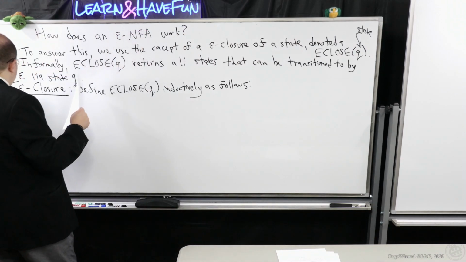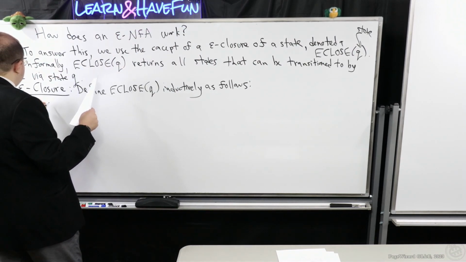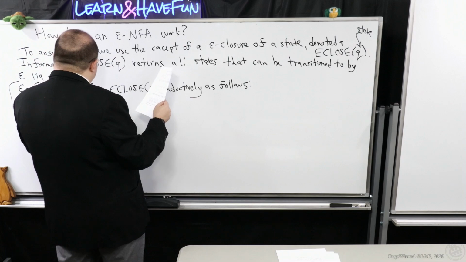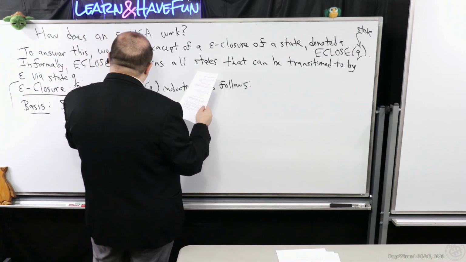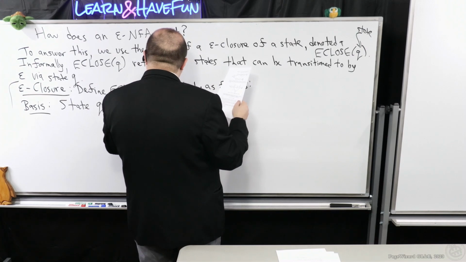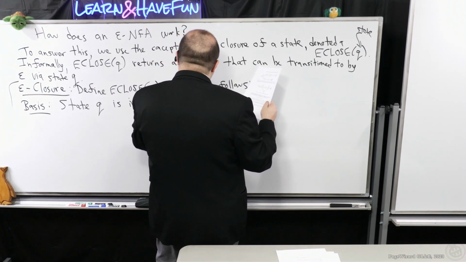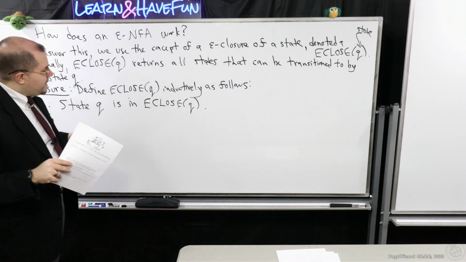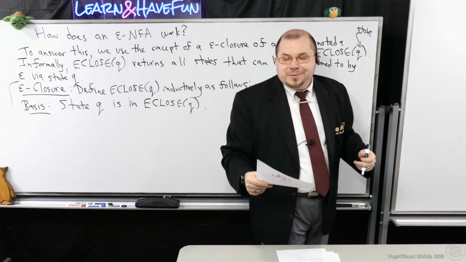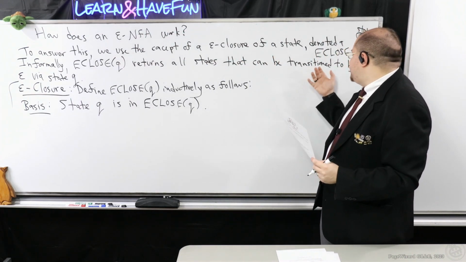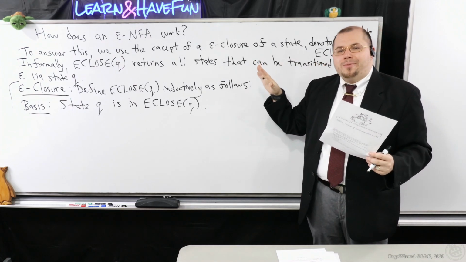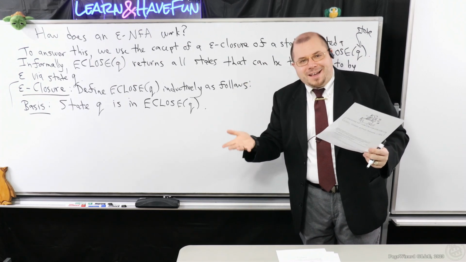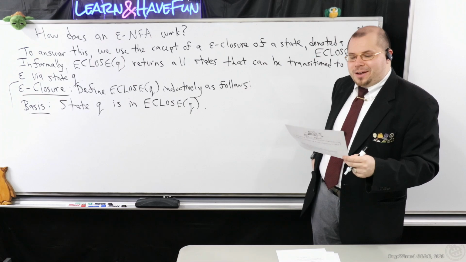The basis of the definition is that state Q must be in eClose of Q. Anytime I give you a state Q, by definition eClose of Q contains Q. You might ask why. These are states that can be transitioned to by epsilon, and if you just don't consume a symbol, for free, you end up in the exact same state. So this makes a lot of sense.